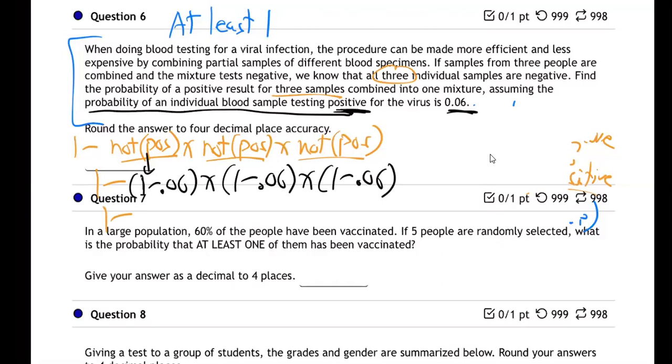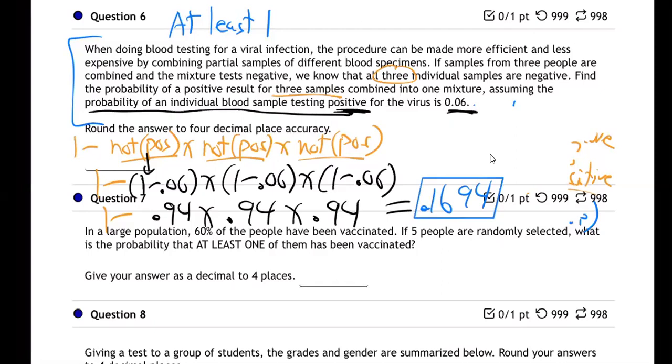So that's 1 minus, and each of these is going to come out 0.94. If you use your calculator, take 1 minus 0.06, you'll get 0.94. So it's 1 minus 0.94 times itself 3 times. I'm using my calculator. I'm getting 0.1694 to 4 decimal places. And there we go. That's how we do an at least one question.